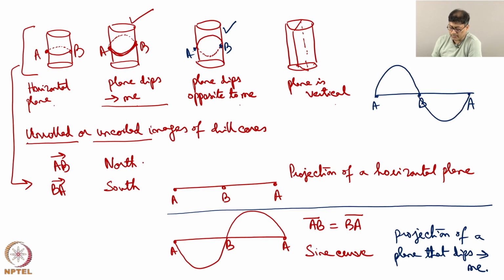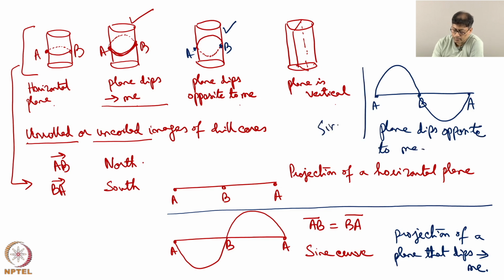This is also a sine curve, and this is the case of a plane that dips opposite to me. In this sine curve we can easily define the amplitude A.